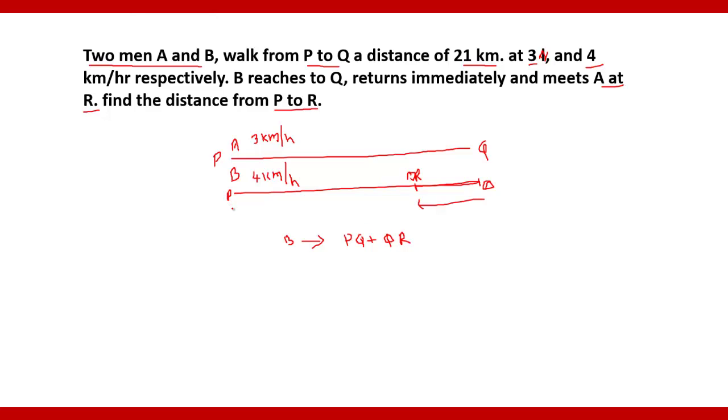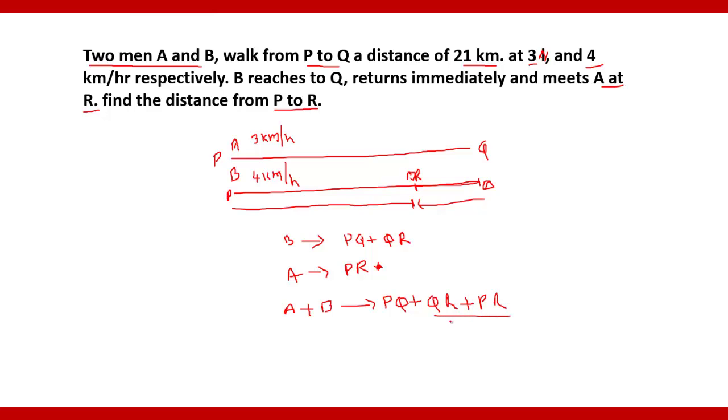Whereas A reaches point R, it means he has covered a distance of PR. Therefore, the distance covered by both A and B will be equal to what? PQ plus QR plus PR.